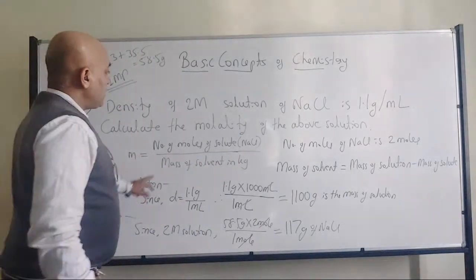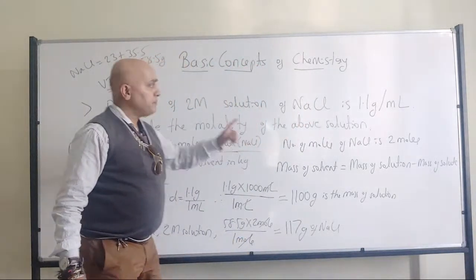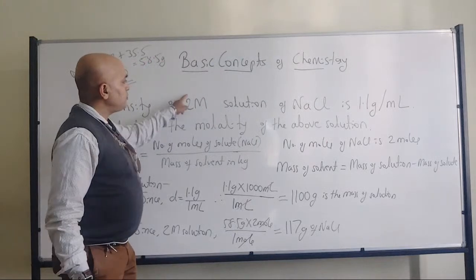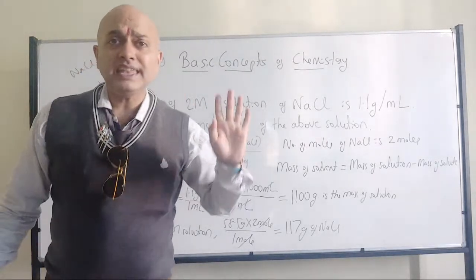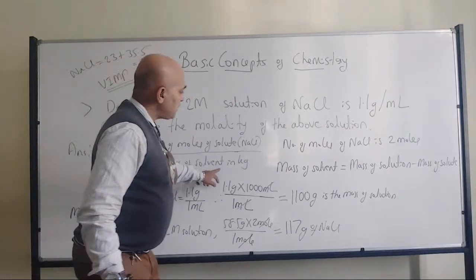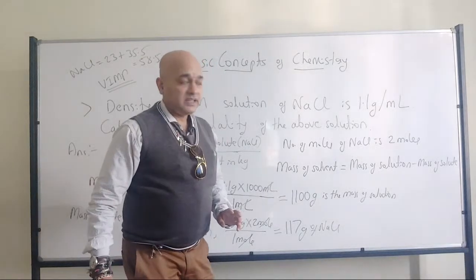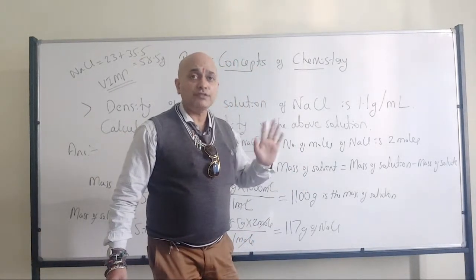Now, number of moles of NaCl already they have given by mentioning that it is a 2 molar solution. That means we have 2 moles of NaCl. In the denominator, we have mass of solvent in kg. They have not given it.